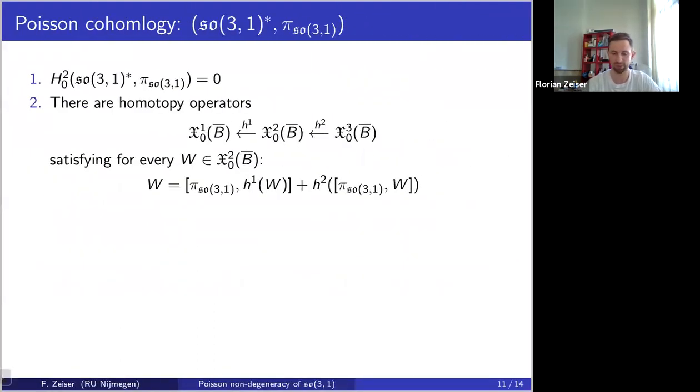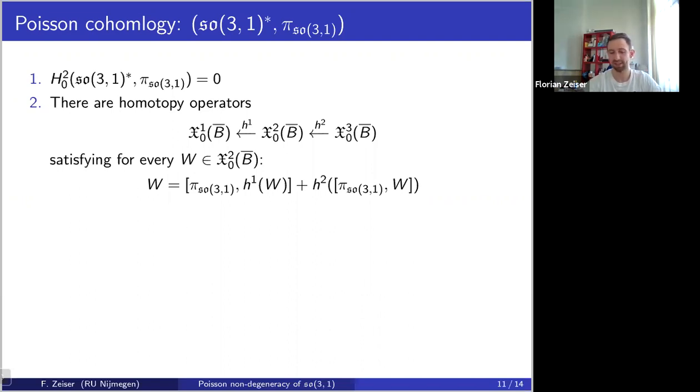In our case, we just need them in degree 2. So we have maps from 3-vector fields to 2-vector fields and from 2-vector fields to vector fields, and they satisfy this homotopy relation. This homotopy relation implies that H^2 is trivial.